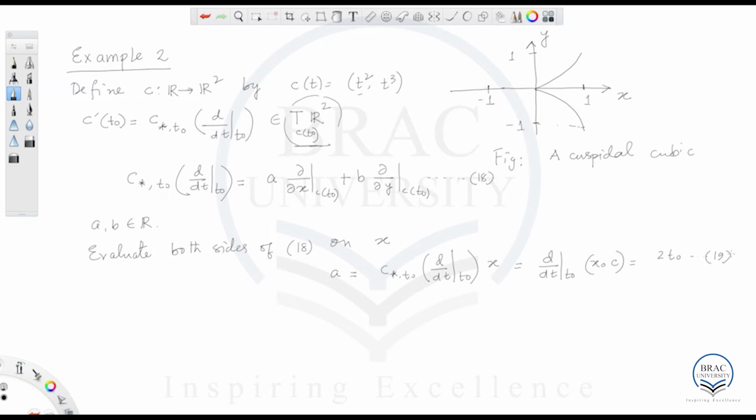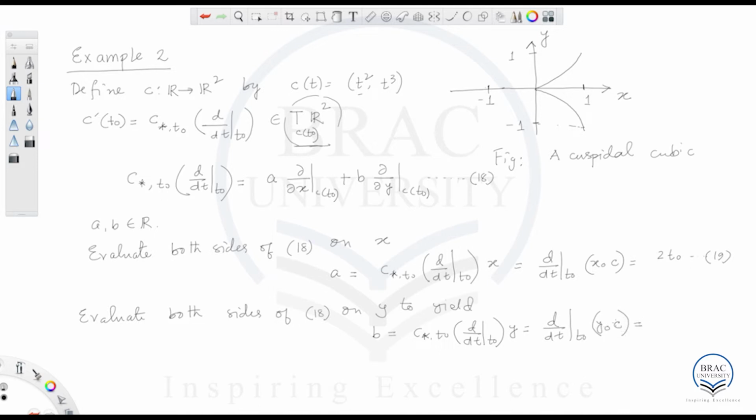And we do the same trick on the function y. Evaluate both sides of 18 on y to yield B is equal to C star comma t0 acting on d dt t0 acting on y, right, which is d dt t0 acting on y composed with c.